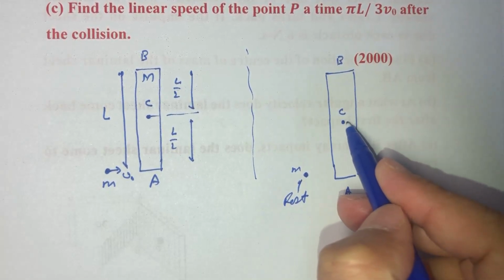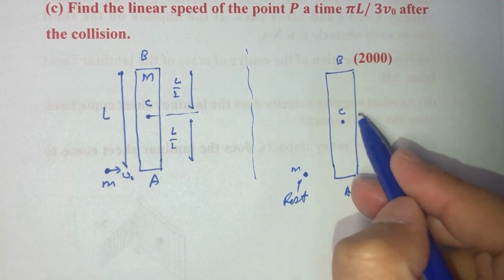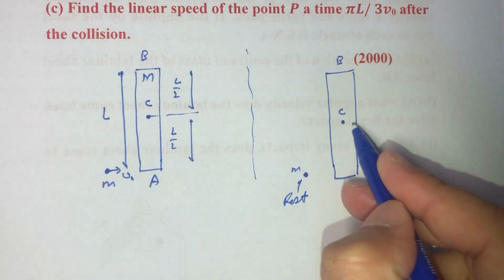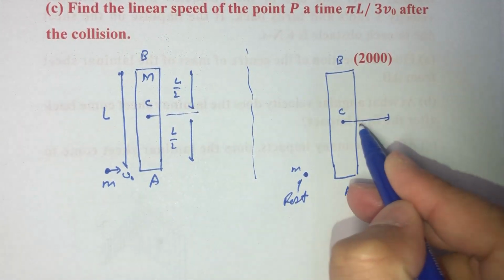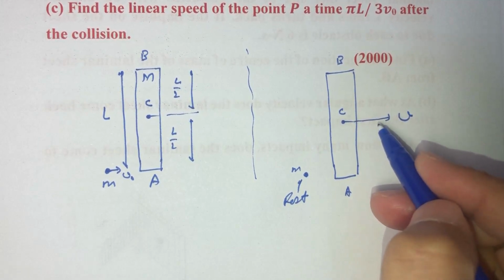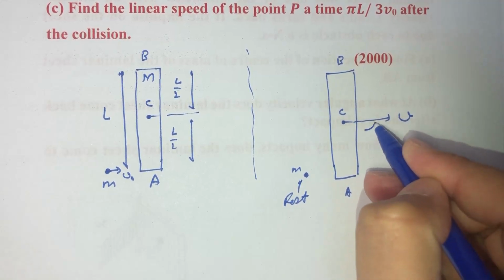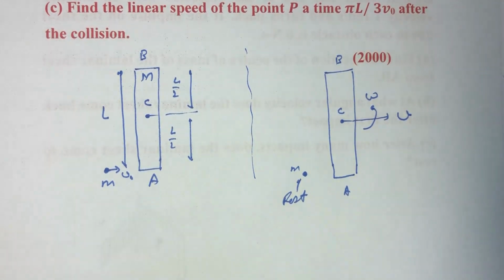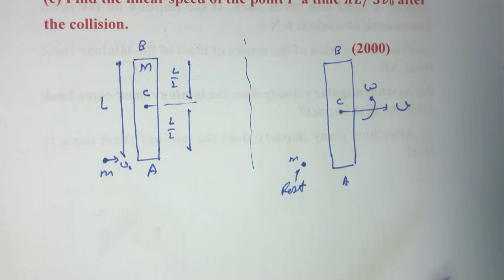The rod is moving in translational motion with the velocity v, and there will be a rotational motion with angular velocity omega.